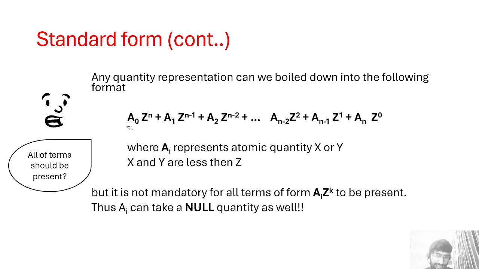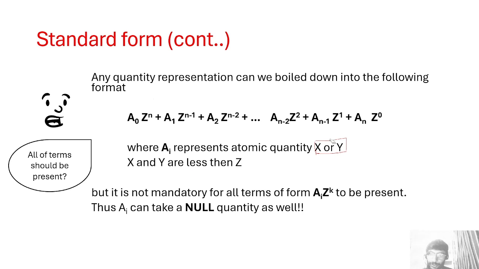So it will be the summation of these types of terms, where k is going from n to 0. For the z k, k is going from n to 0, and the coefficient which is being multiplied with it, a i, i is going from 0 to n, right? So in this format, you can convert any quantity. a i represents some atomic quantity here, which will be x or y, and here x and y are less than z.